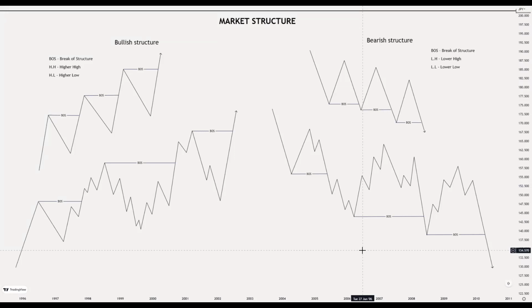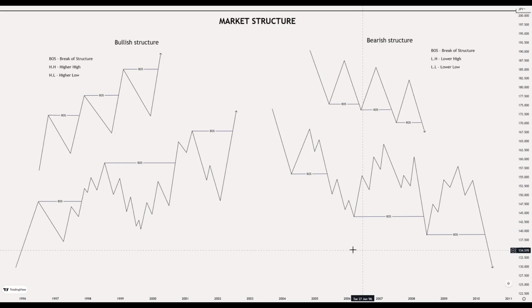Now, let me just mention this. Market structure is the foundation of it all. It doesn't matter which strategy you're using, whether smart money concept, trend trading, support and resistance, whatever term or strategy. I don't really like the term strategy, but I don't have an issue with it.